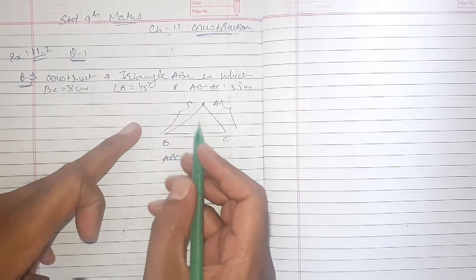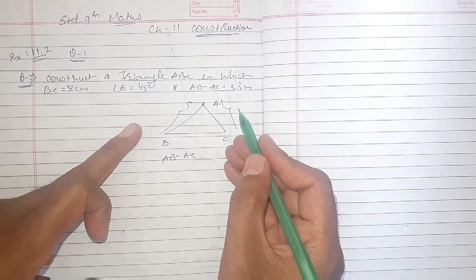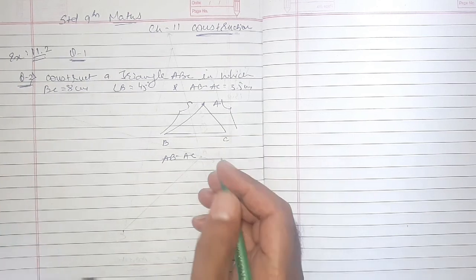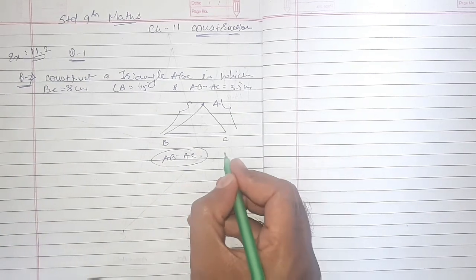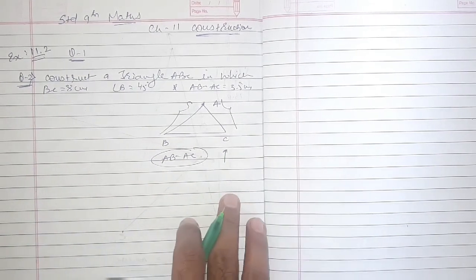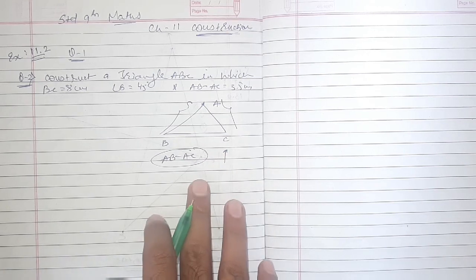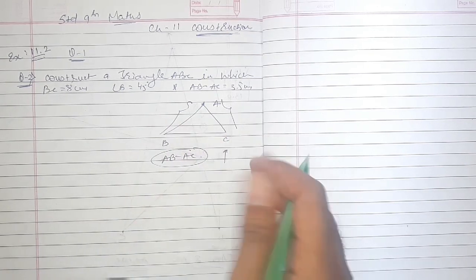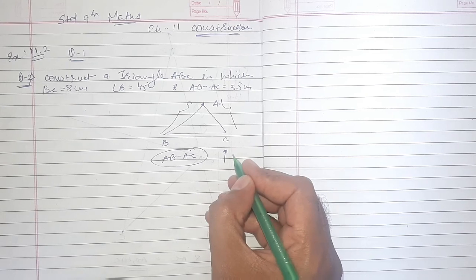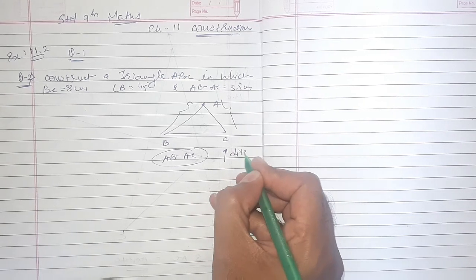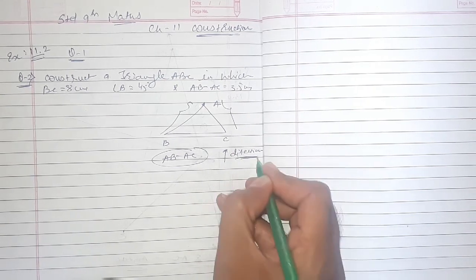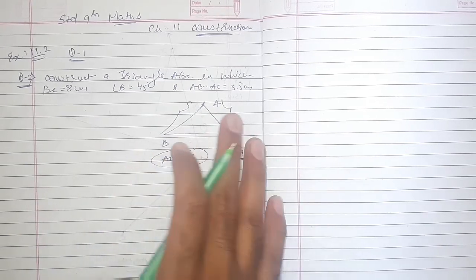In this condition we have to construct the triangle in the upward direction.